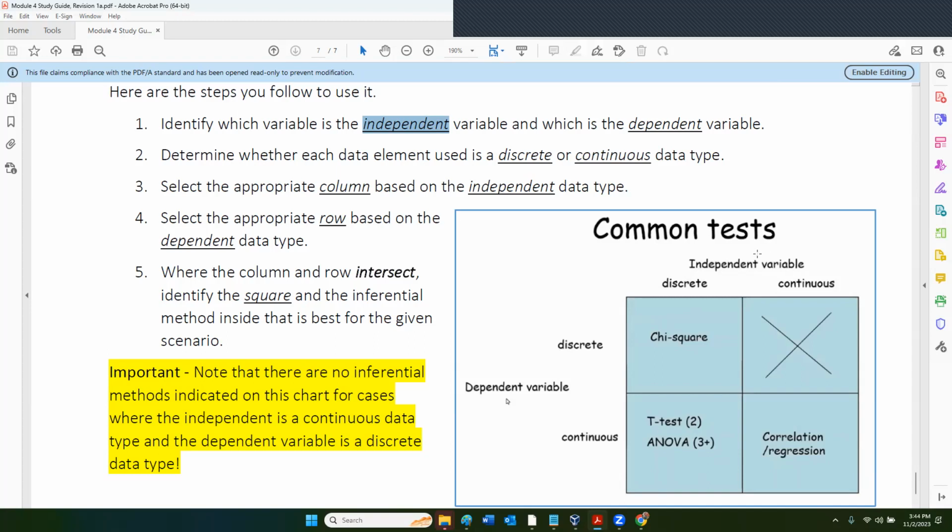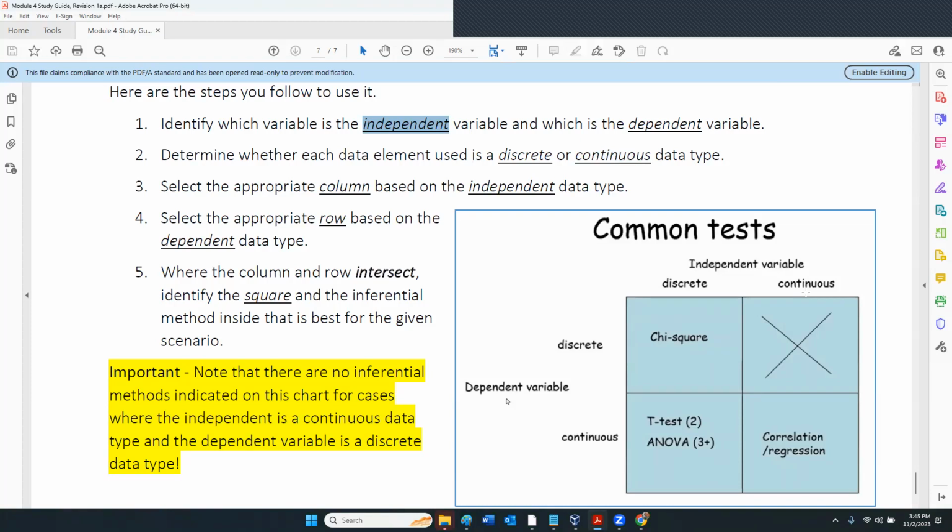So I'm looking at the top of the chart. That's for the independent variable. The dependent variable has to do with the rows. So the columns are the independent variable. The rows happen to deal with the dependent variable. And I'm dealing with a continuous data type.